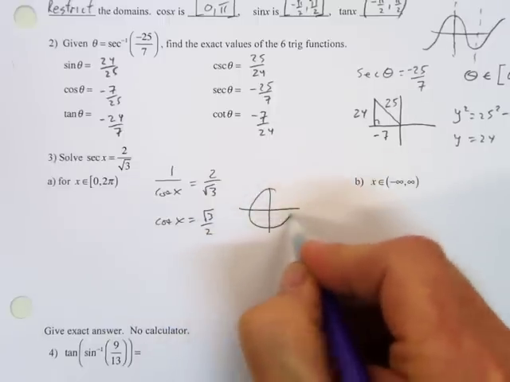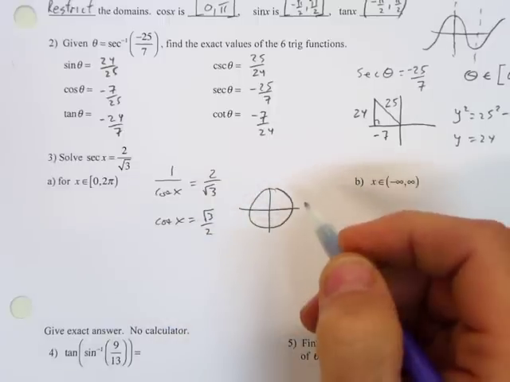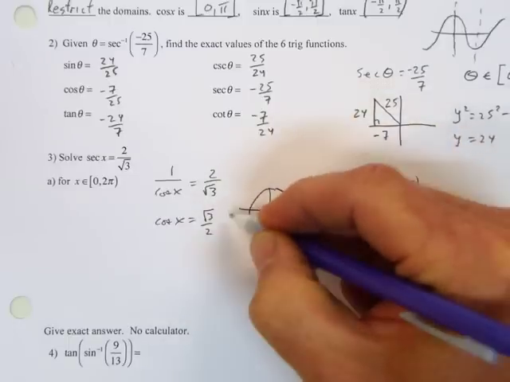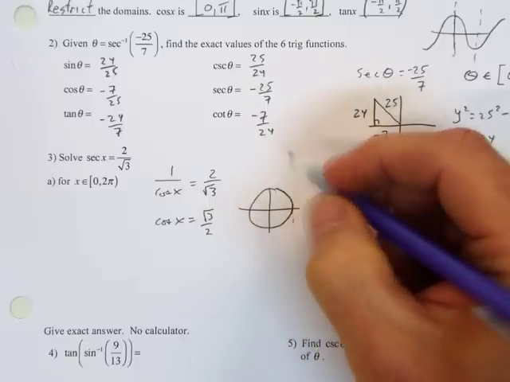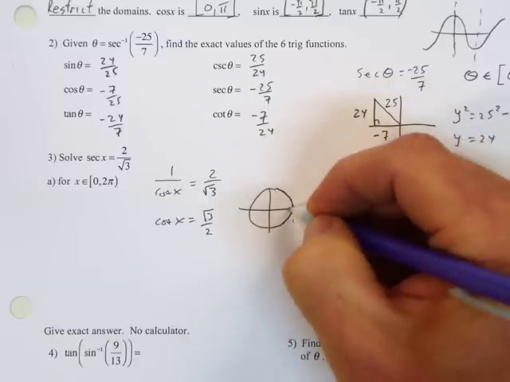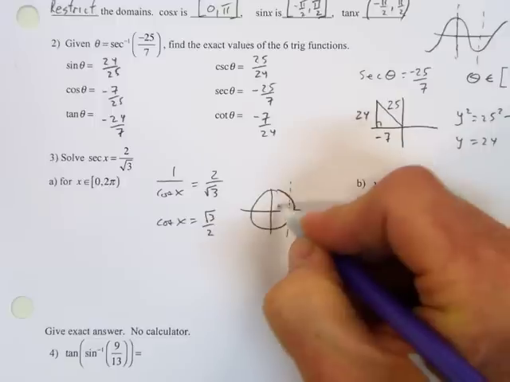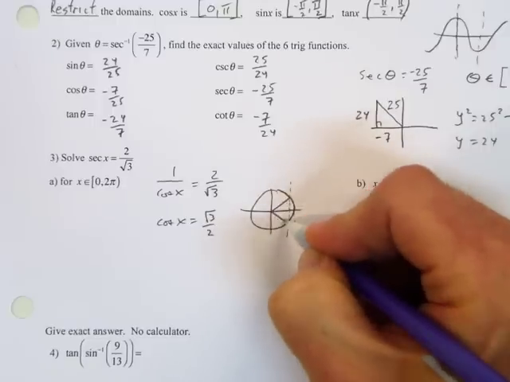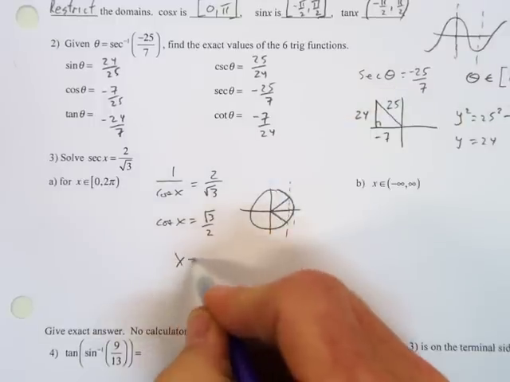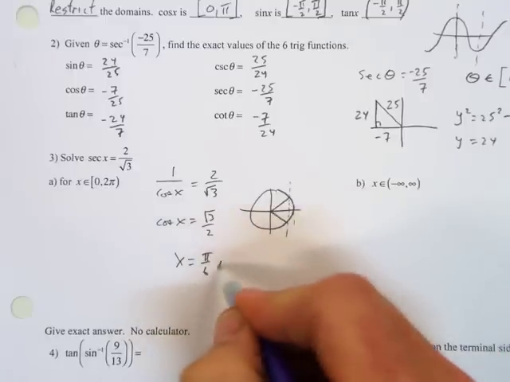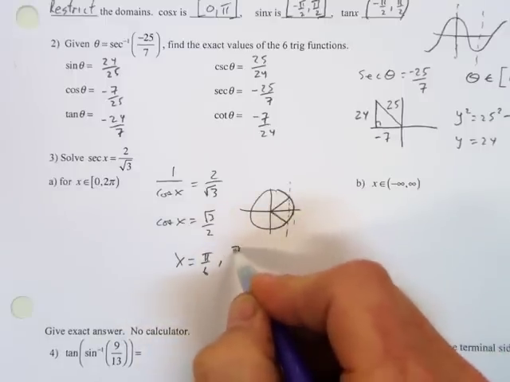Cosine is x on the unit circle, so x is 1 there, root 3 over 2 is about 0.86, 0.87, so it's pretty far over. We're going to have a line going through, and it hits in 2 places. What are those 2 values? That would be pi over 6 and 11 pi over 6.